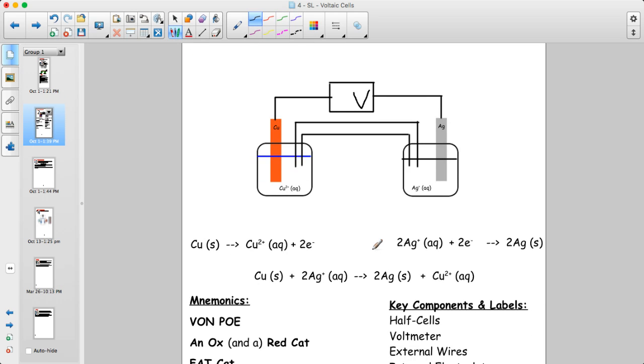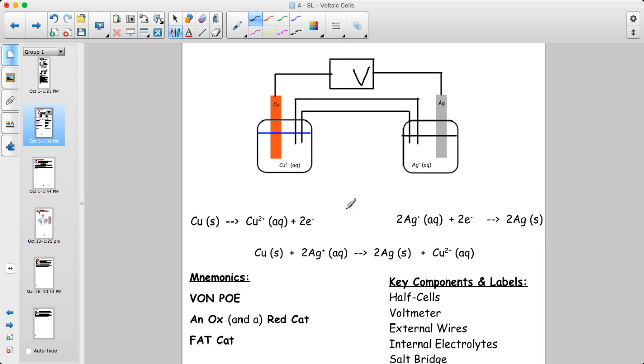For this voltaic cell that's made of a copper half cell and a silver half cell, the cell convention would be to write copper, because that's the thing on the left, backslash copper 2+. So that pretty much describes one half cell.